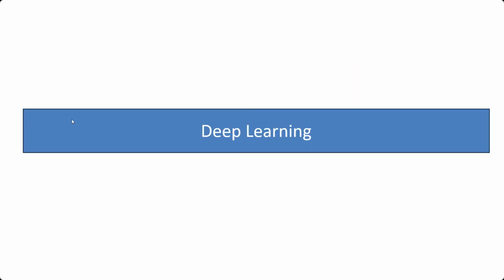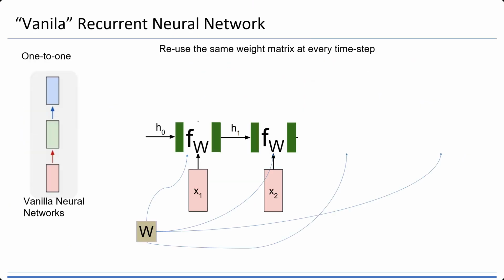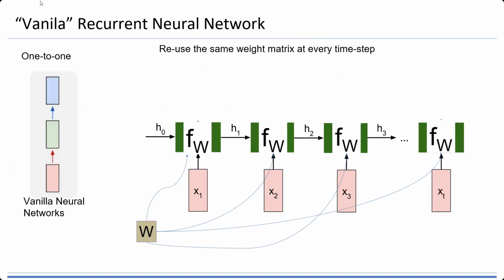The next is about deep learning. If you still remember, the basic of deep learning is using the recurrent neural network, and based on one node, we can go to the next node, and the next node.